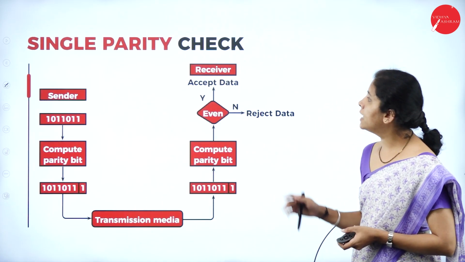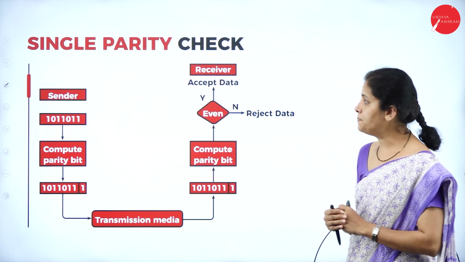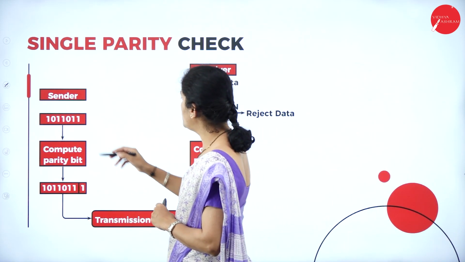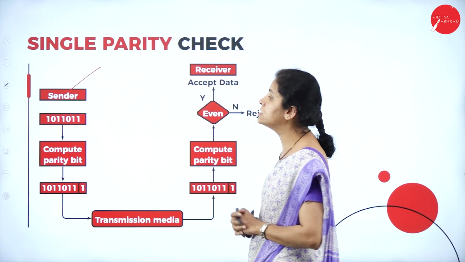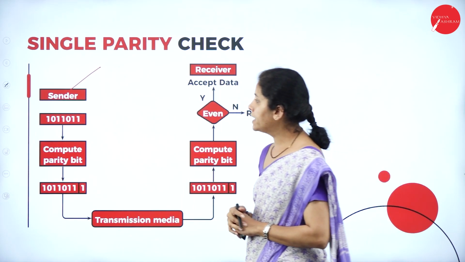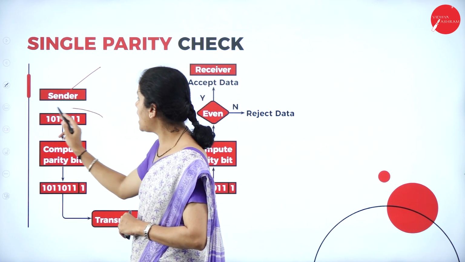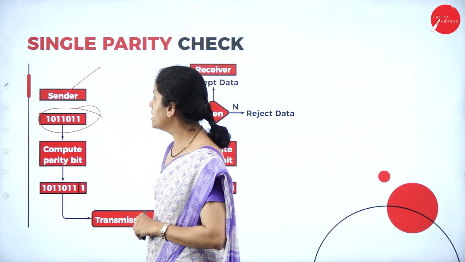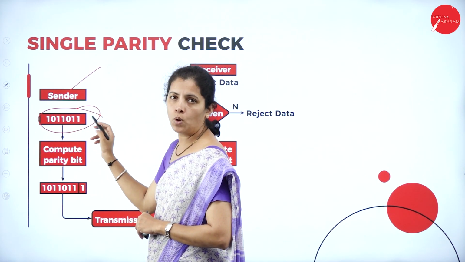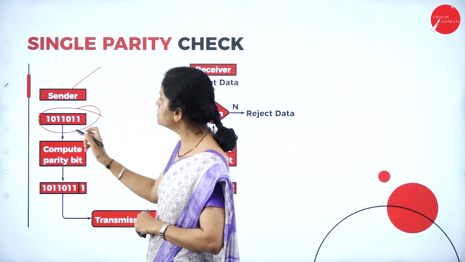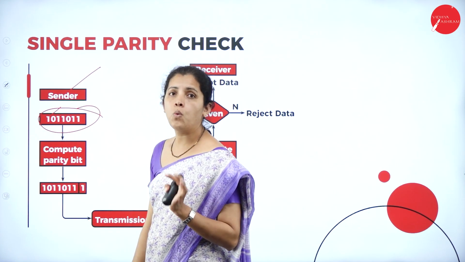Now let me consider this diagram. See here, I'm going to have two entities, that is nothing but the sender and receiver. Here the sender is going to have the data 101111. I'm just going to focus only on the ones.